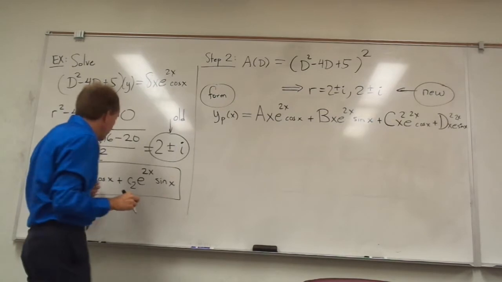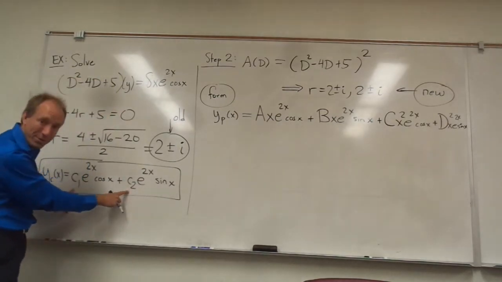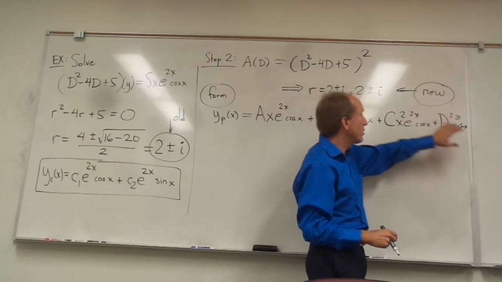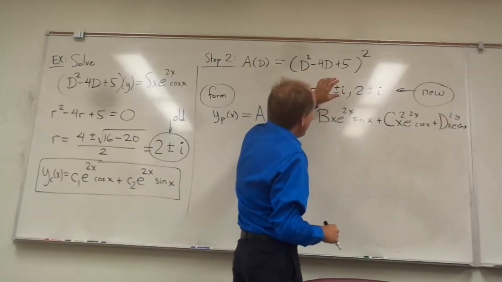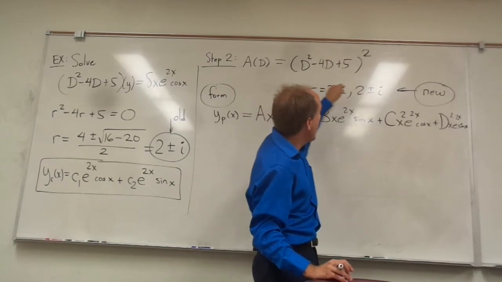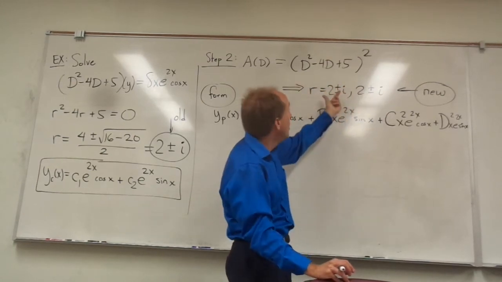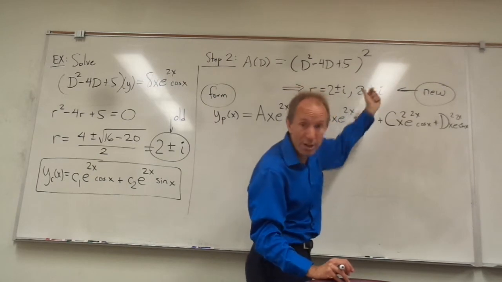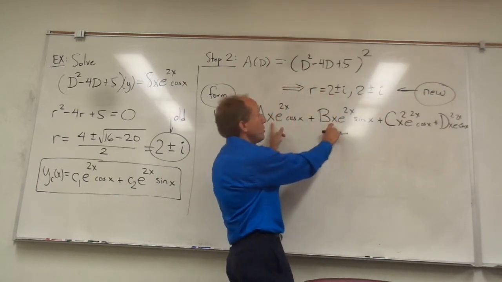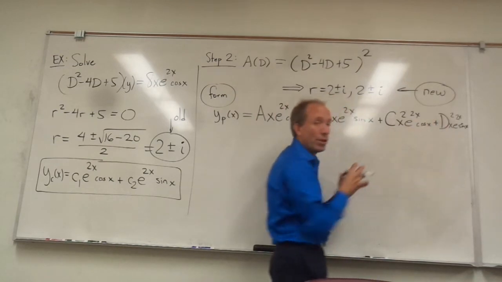You've got the complementary terms with the c1 and c2 in front of them, and then these are the terms coming from the particular solution. And they reflect the fact that the new roots, 2 plus or minus i, are already occurring here for the second and third times. So we have x's for the second occurrence and x squareds for the third occurrence.